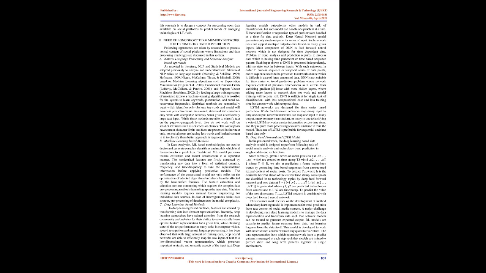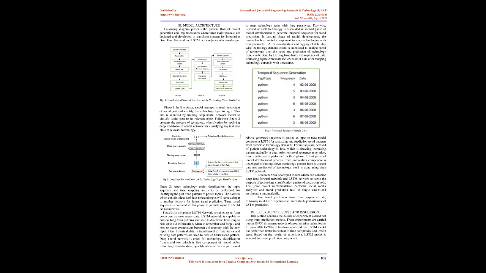C. Deep learning-based methods. In deep learning-based methods, features are learned by transforming data into abstract representations. Recently, deep learning approaches have gained attention from the research community and industry for their ability to automatically learn optimal feature representation for a given task, while claiming state-of-the-art performance in many tasks in computer vision, speech recognition, and natural language processing.